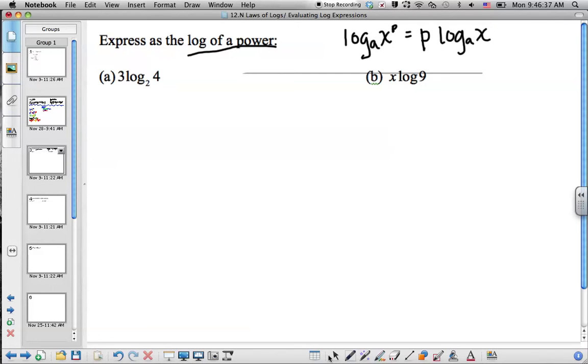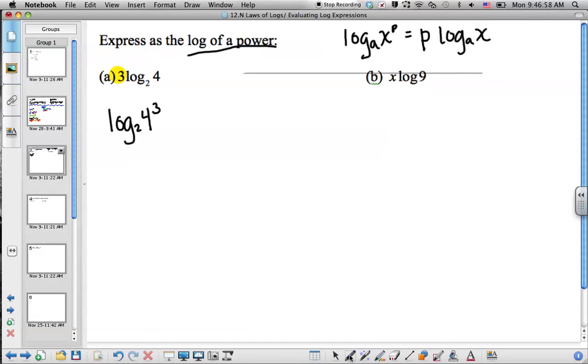I recognize now that my p value is just 3. So I can rewrite this as log base 2 of 4 to the third power. And that's it. That's written as a log of a power.